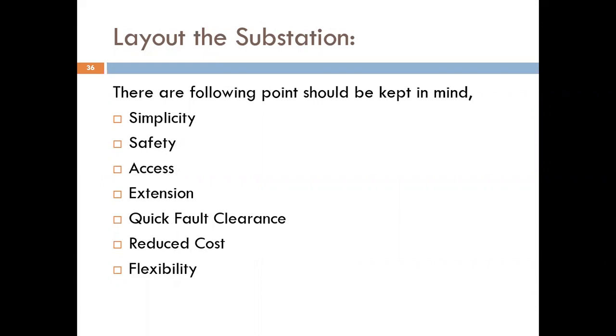First one is simplicity, because our substation should be simple and the layout should be easily placed. Then safety, which is the most important thing in a substation, so all the equipments like transformer, circuit breaker, isolator, and the firefighting system are placed in a substation. Then access, so that we can easily access, use, and operate every equipment. Extension in future should also be possible.